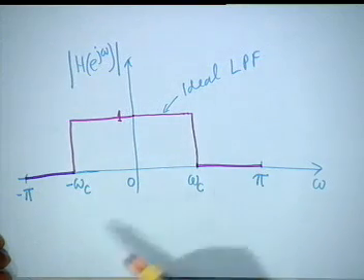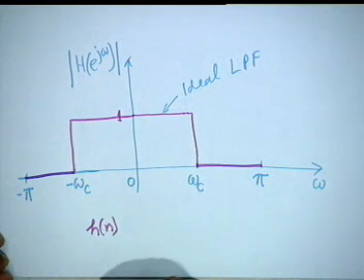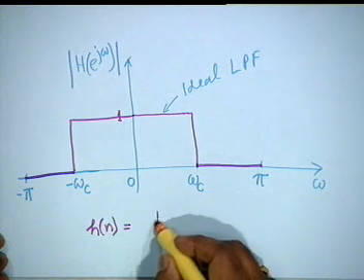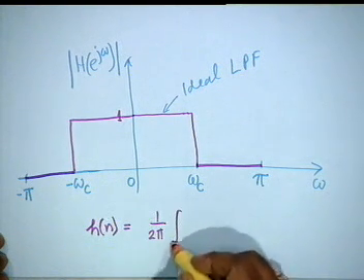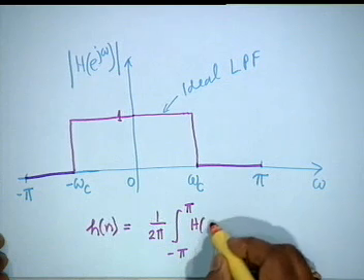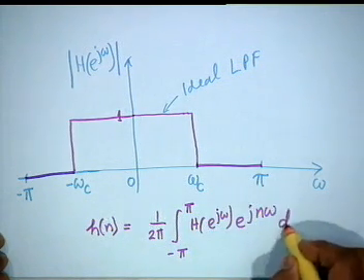Now in the particular case under consideration, there are other more tractable and analytical reasons. One is that if I have a characteristic like this, its impulse response h of n is non-causal. How do you find the impulse response? 1 over 2 pi integral minus pi to pi capital H of e to the j omega, e to the j n omega d omega.